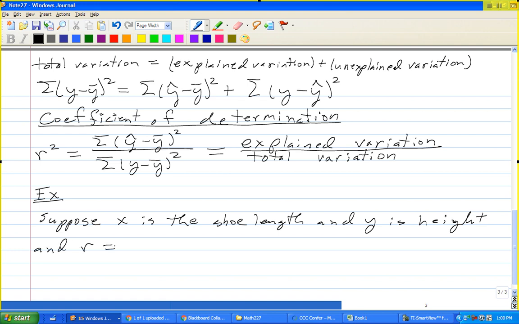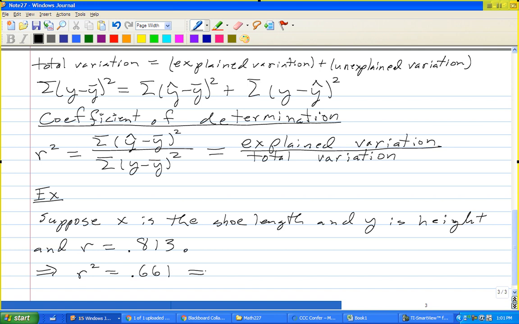And the correlation coefficient is 0.813. Okay, then what can we conclude? Well, then we know that r squared is 0.661, more or less.